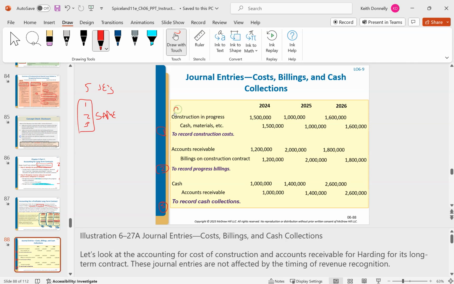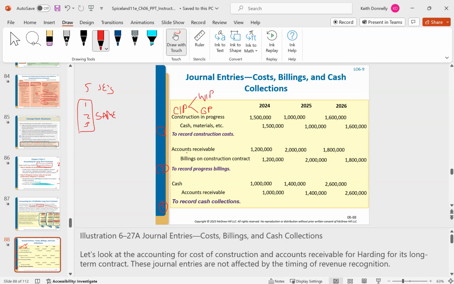We're going to debit construction in progress, credit cash. When you think of construction in progress, it's really a WIP account that we keep building up, and it will also be comprised of the gross profit that we earn on this job. So that's the idea there, to record the construction costs. Where did we get those numbers? We grabbed them right from the facts on the prior slide.